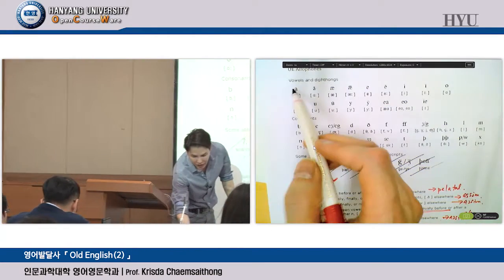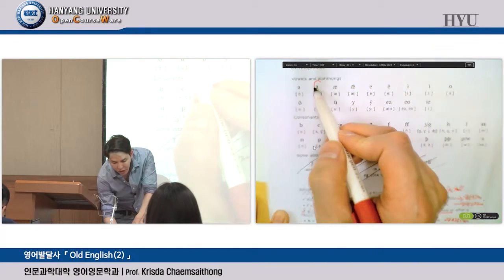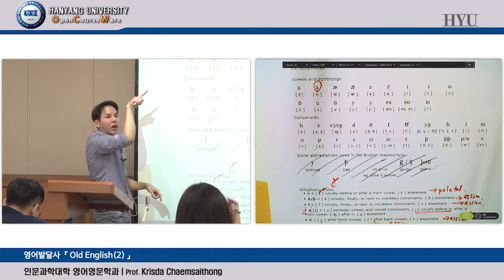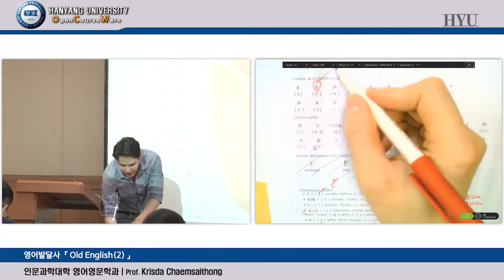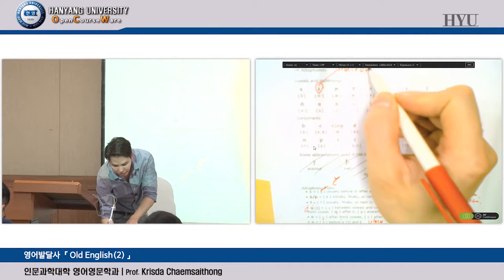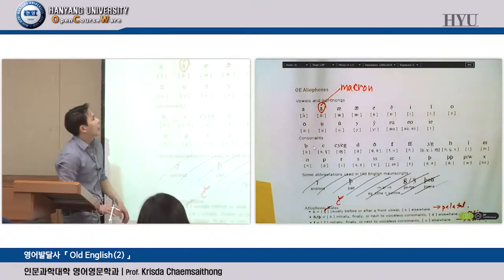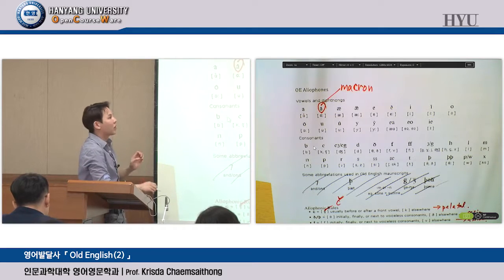So you have short a and long a. The long ones in Old English manuscripts, you'll see a bar above it. We call that a macron, M-A-C-R-O-N. It means long, that bar symbol, a macron.